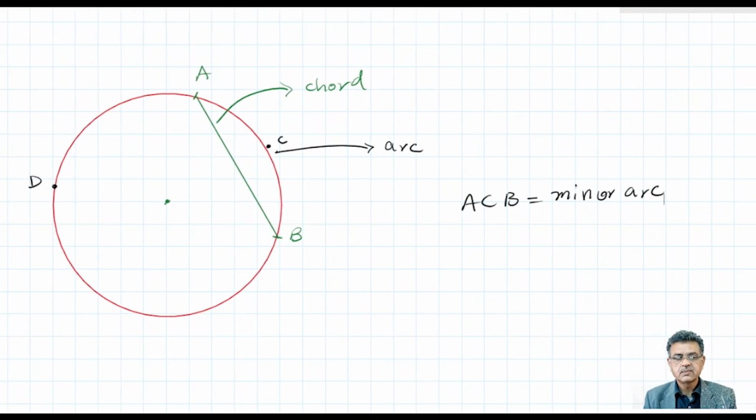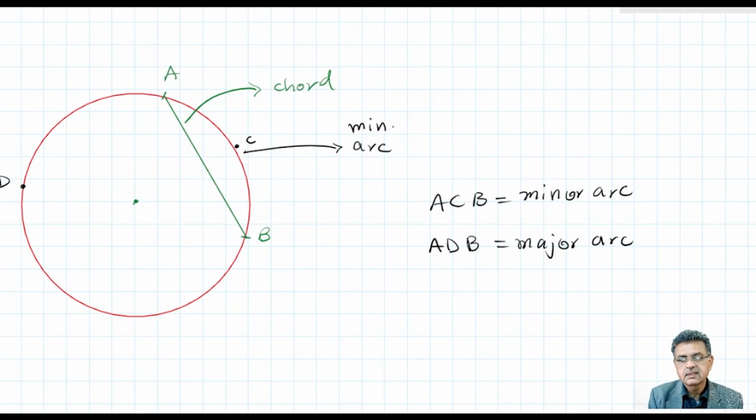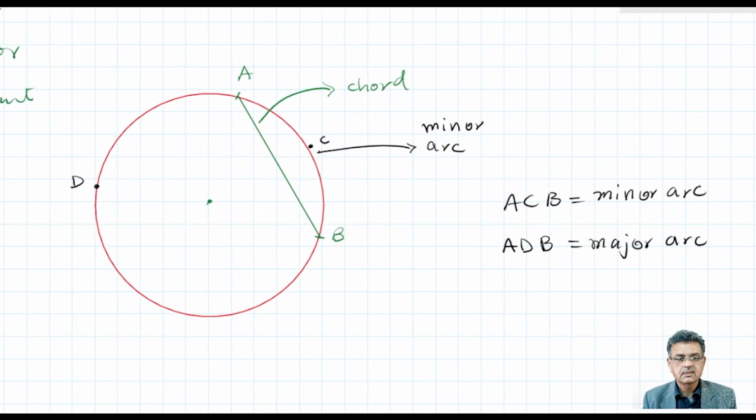And if we move from A through D towards B, that is called the major arc.